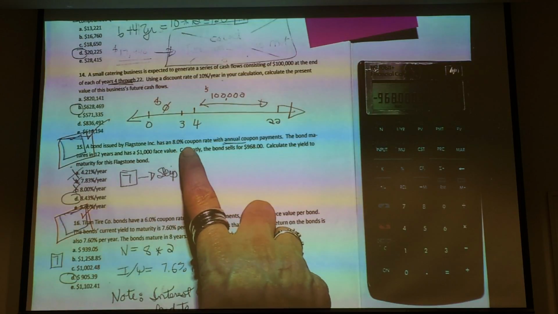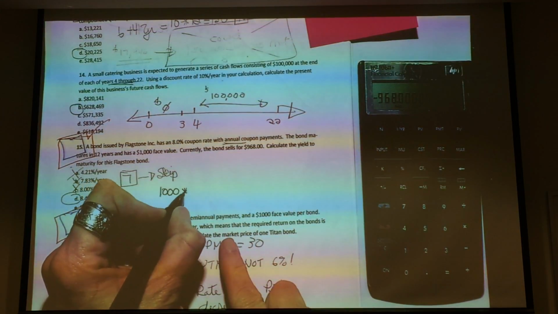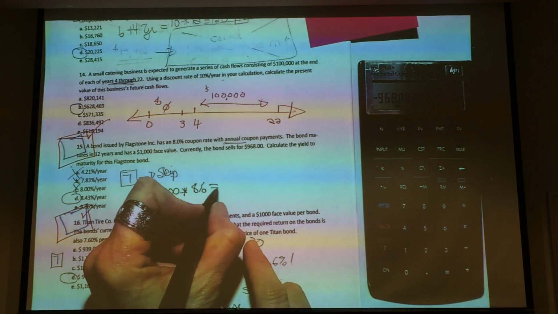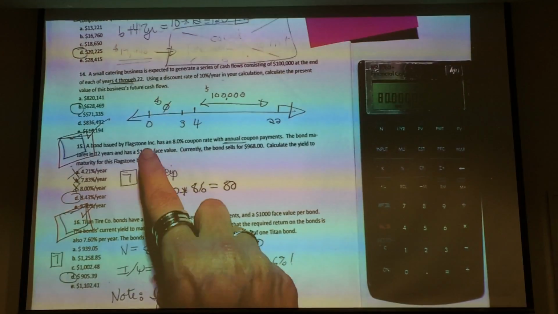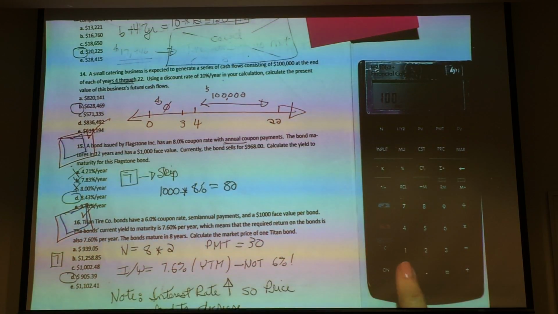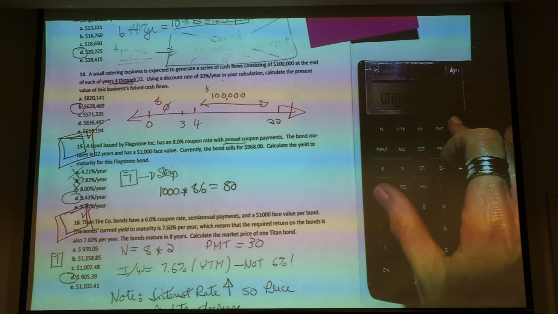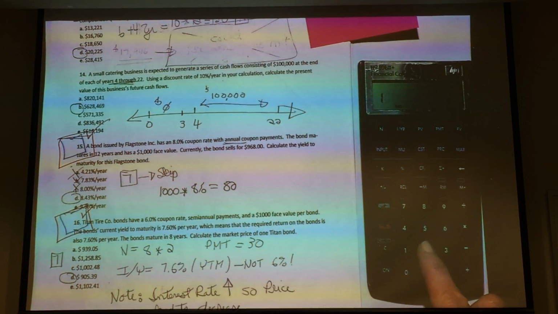And it's an 8% coupon rate, so it's $1,000 times 8% is 80. So that's my coupon. And I'm gonna have $1,000 in the future. That's my face value. It's 12 years that I'm gonna hold on to it.